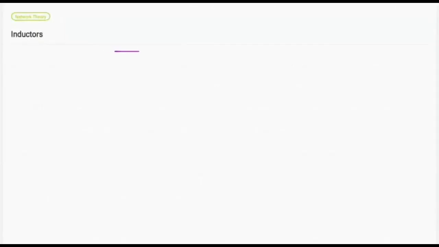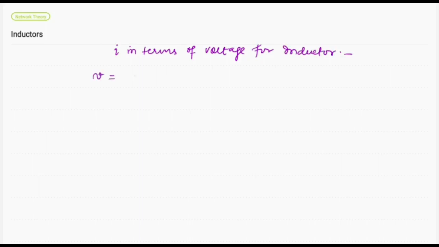Now let us try to establish a relation for current in terms of voltage for an inductor. From Ohm's law of an inductor, we already know that V equal to L di upon dt.